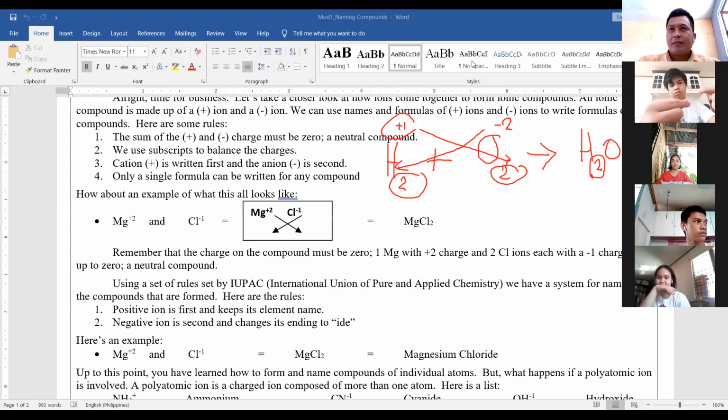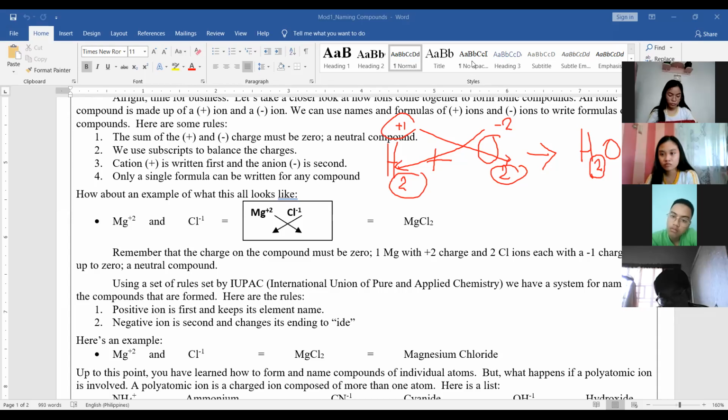Question? Probably none. So let's proceed then. So again, how will we determine the subscript? That is the result when we crisscross the ionization of each element.